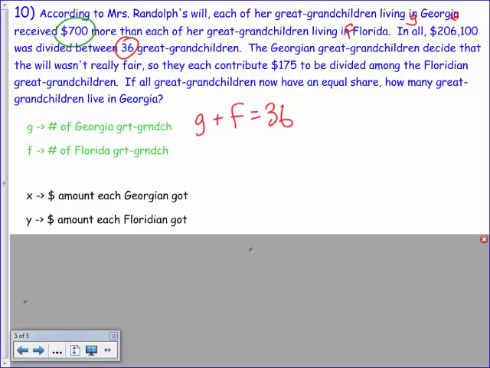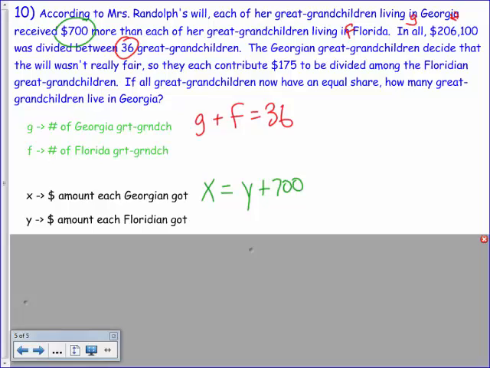Okay, and so I could write another equation right away because I know that X, the amount that the Georgia great-grandchildren got, was 700 more than the Florida one, right? So I could say X equals Y plus 700. Right? So if the Florida one got $100, the Georgia one got $800, okay? Obviously that's not even close because, man, she gave away a lot of money here. So there's another equation I just wrote.